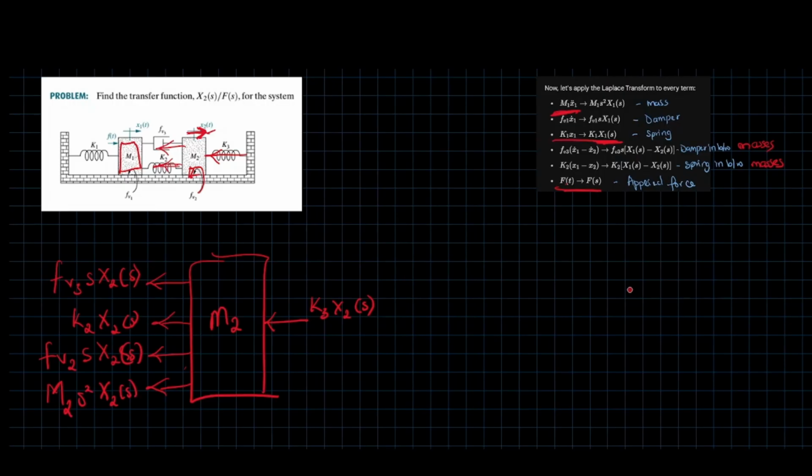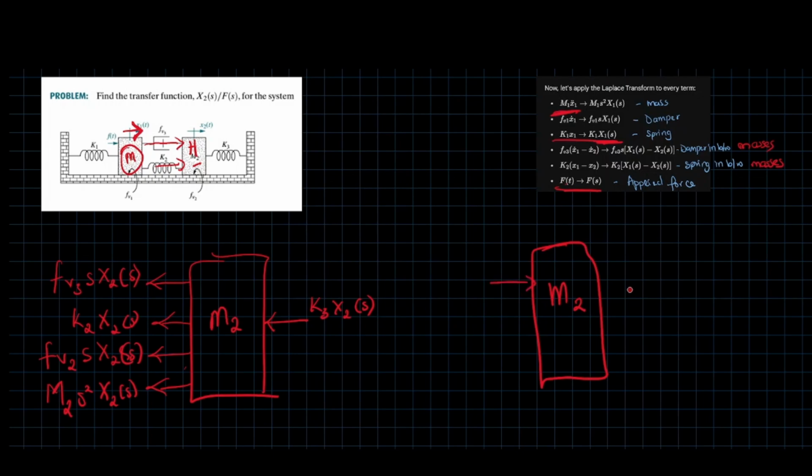The other thing we're going to consider is the forces on M2 due to only the motion of M1, which means in this case, hold this and move only this and see how it affects M2. So for that one, let's draw it out. As you try to pull M1 in this direction, it's going to be forcing this damper and spring to push on this M2.